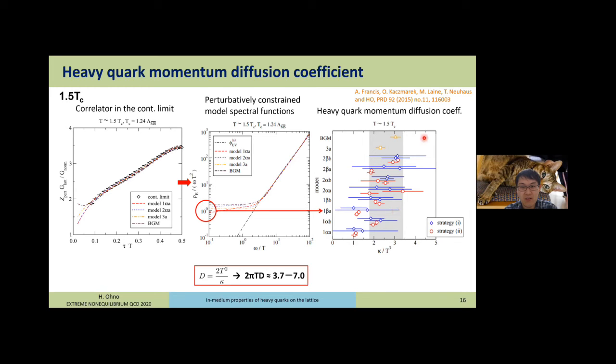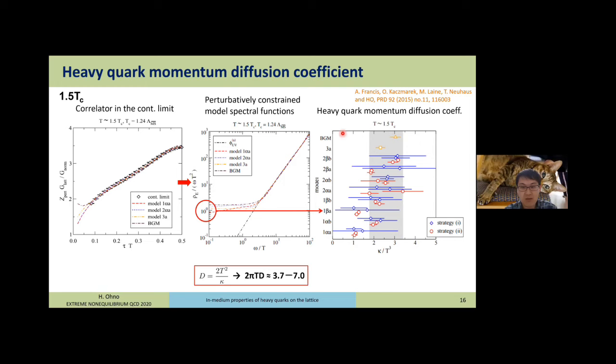And this right-hand side panel shows our resulting heavy quark momentum diffusion coefficient for a variety of our models like this.